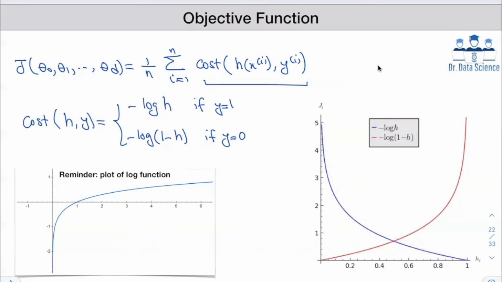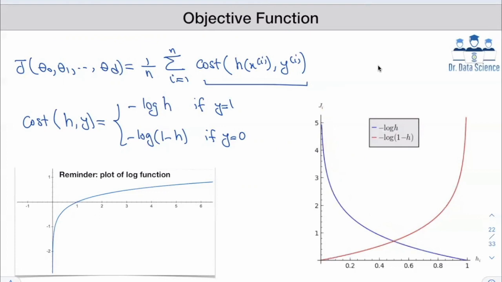So if h is equal to 1, negative log of 1 will give us 0. So we are at here. And then if h is very close to 0, log of h would be a negative large number, like negative infinity. And then we have this negative sign here, which gives us plus infinity. So that's how it is.